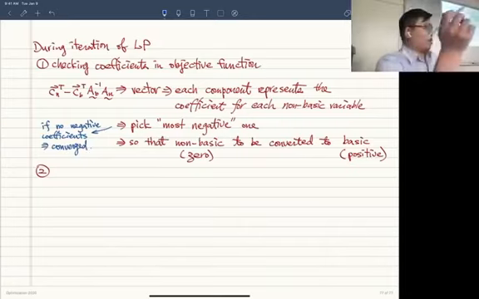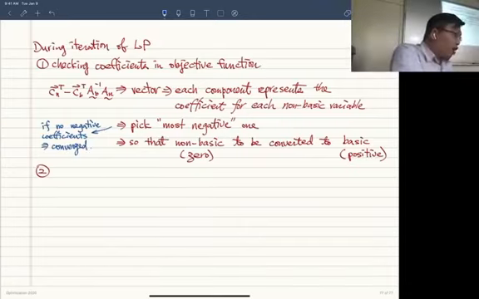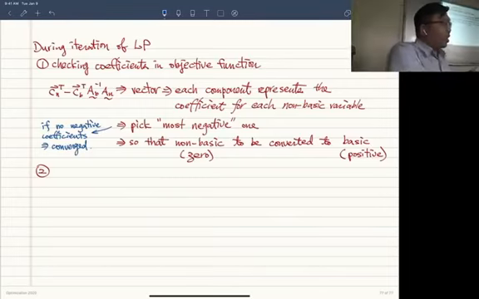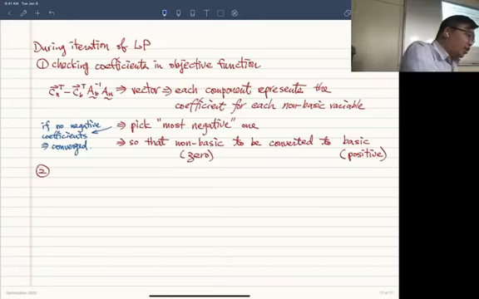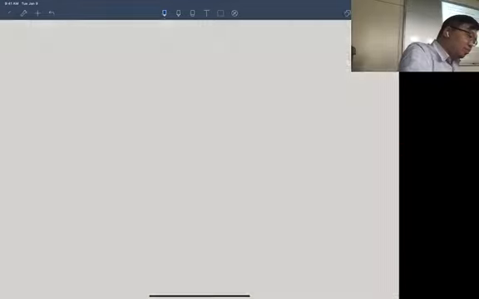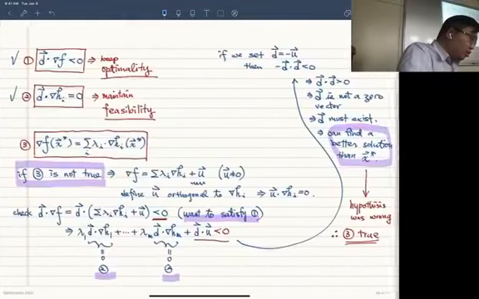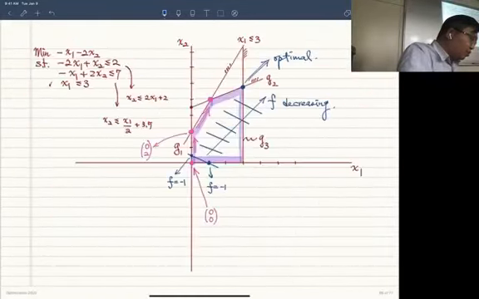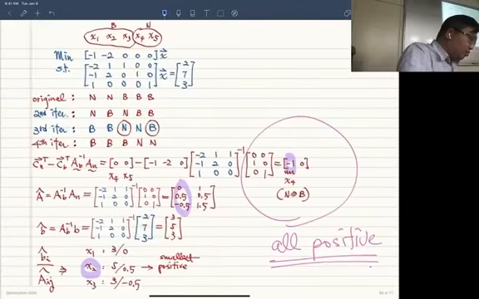Okay. So if we have chosen one of the non-basic variables to be converted into basic, we are done with our first step. In our second step, we need to do the ratio test. So let's take a look. The ratio test.